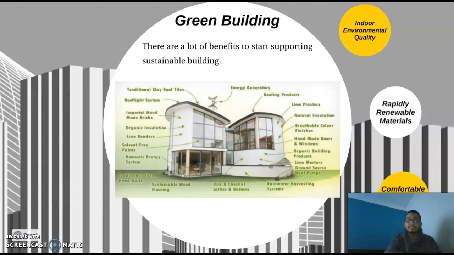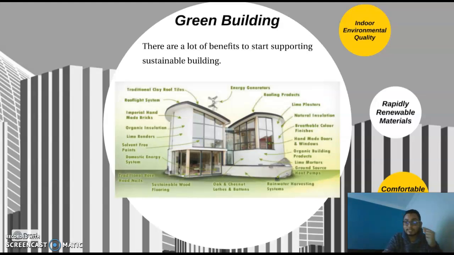As you can see in this picture, there is a green building house that has, for example, organic insulation, sustainable wood flooring, and a rain harvesting system. This is amazing and so helpful because, for example, our country is suffering from a lack of rain nowadays.